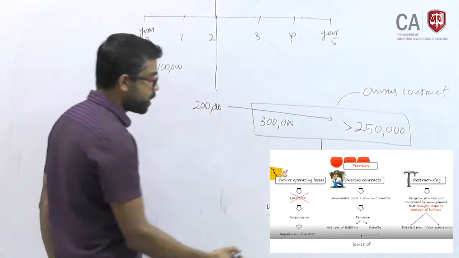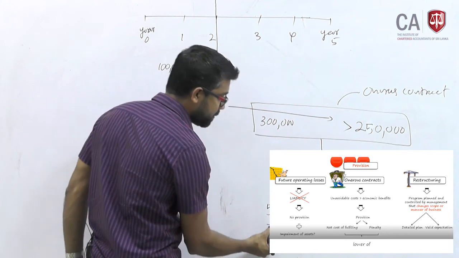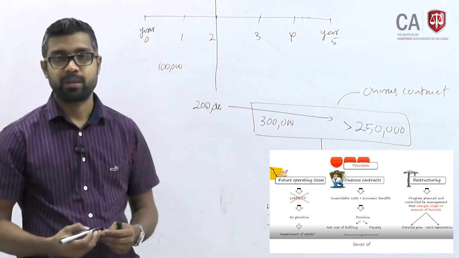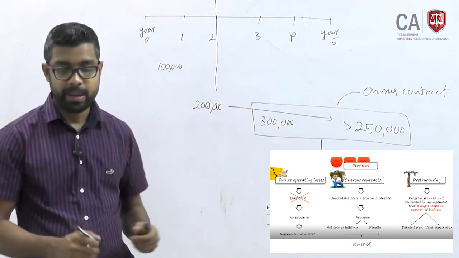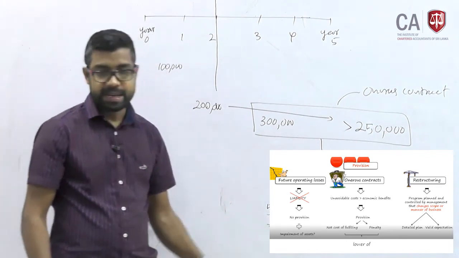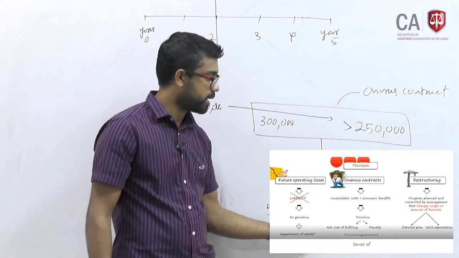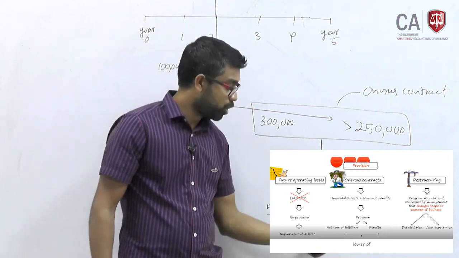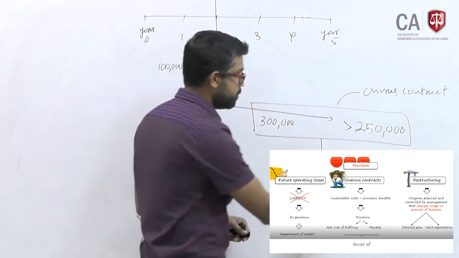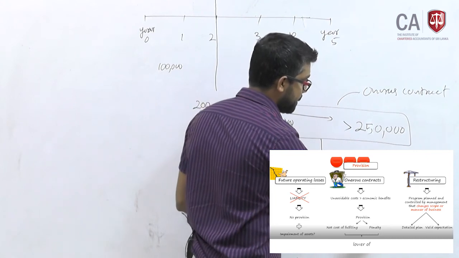So the provision should be limited to the lower of these two, the penalty and the net cost of fulfilling the contract. This is the net cost of fulfilling the contract, this is the penalty. The lower of these is what? Provision should be 50,000.